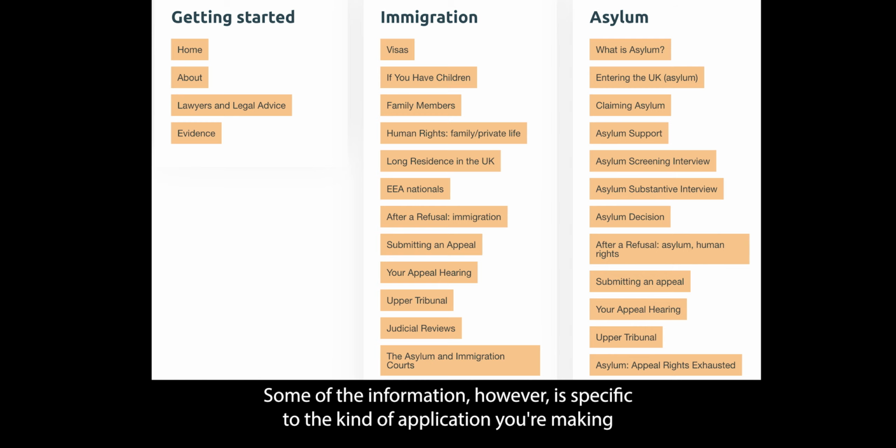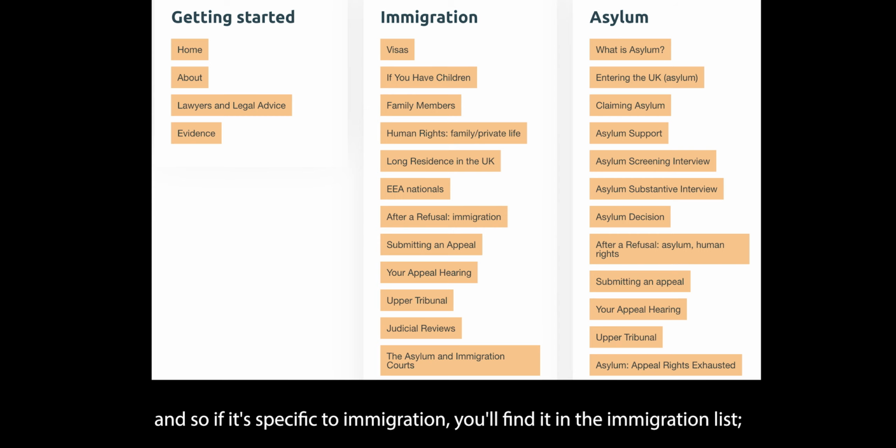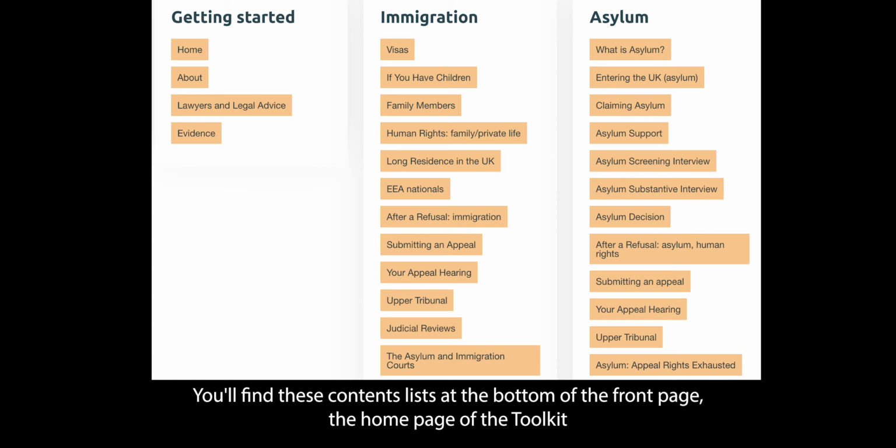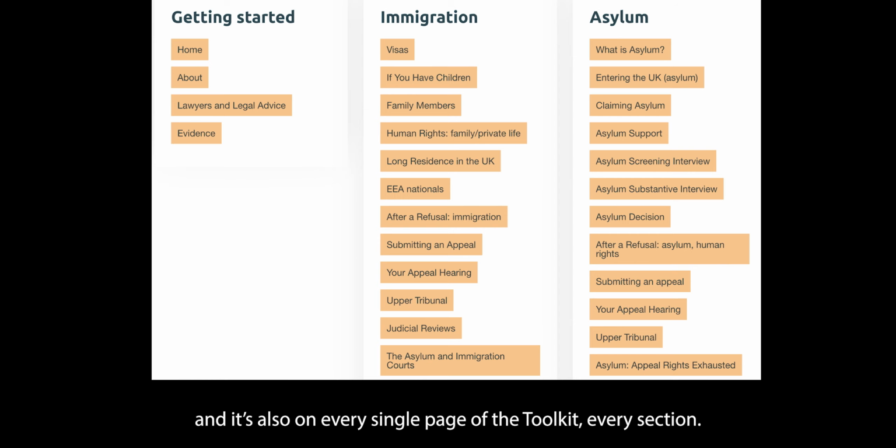Some of the information, however, is specific to the kind of application you're making, and so if it's specific to immigration, you'll find it in the immigration list. If it's specific to asylum, you'll find it in the asylum list. You'll find these contents lists at the bottom of the front page, the home page of the toolkit, and it's also on every single page of the toolkit, every section.